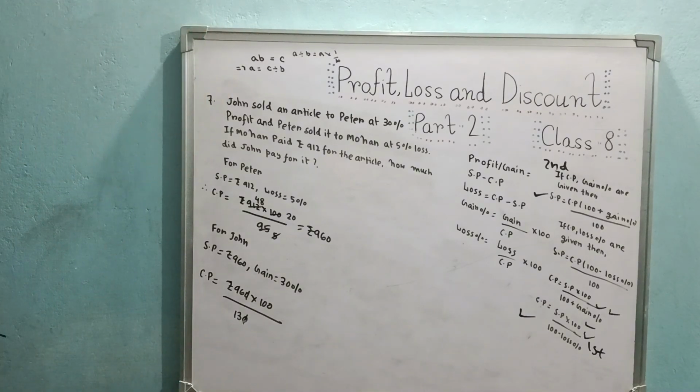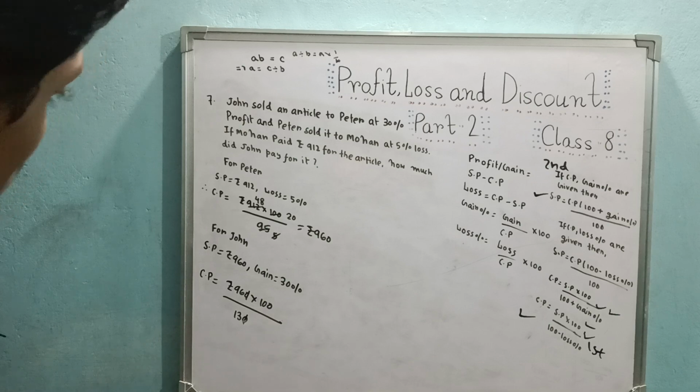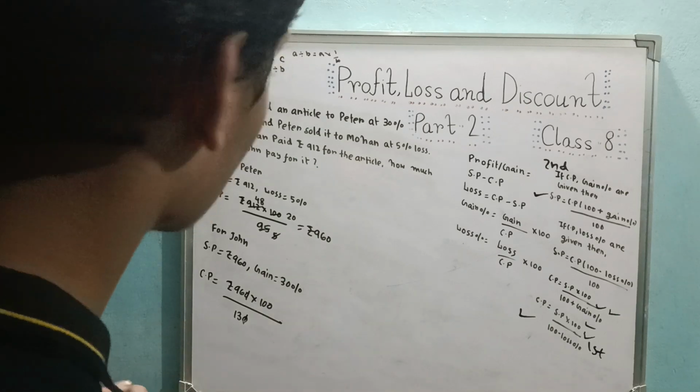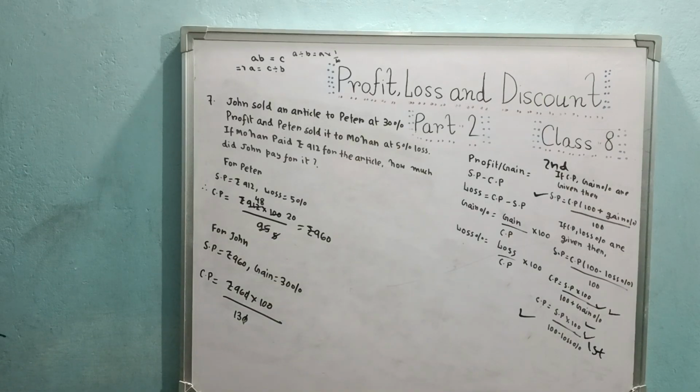Let me check the question again. John sold an article at 30% profit. 960, I hope, yeah. 60 gain is 30%. 60 into 100 by 100 plus gain percent is 30. I hope, it's for 20.